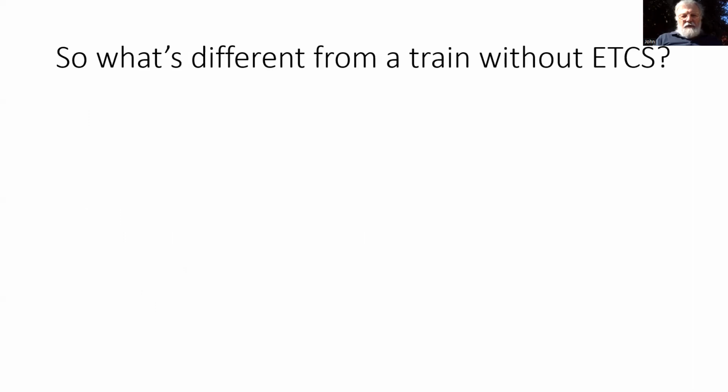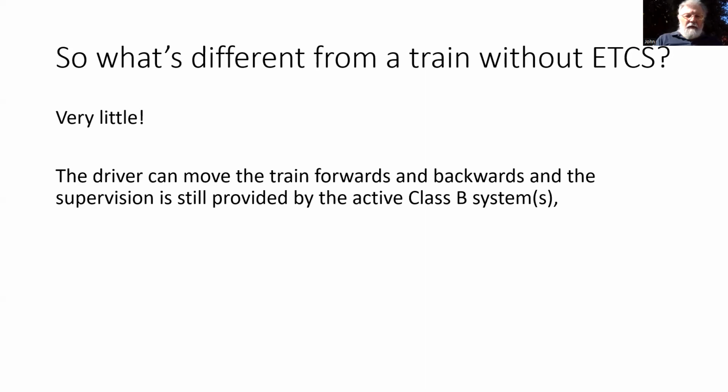So, what's different about having a train without ETCS and having one with ETCS but operating in SN? Well, very little. Effectively, when the train is in Level NTC, the ETCS sits completely in the background and does nothing. The driver can move the train forwards and backwards, and supervision at all times is only provided by the active Class B systems.